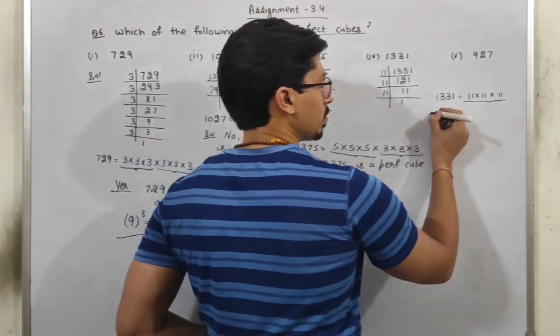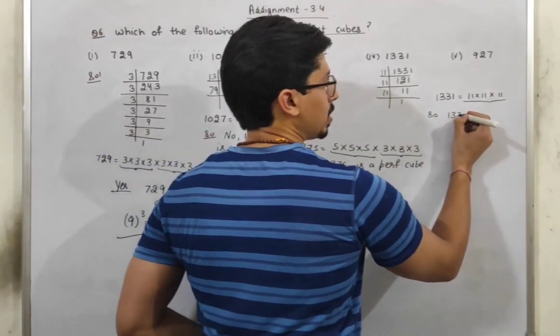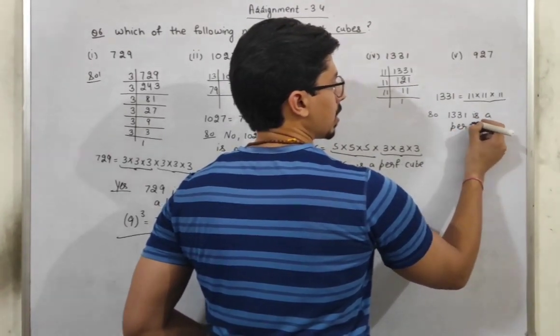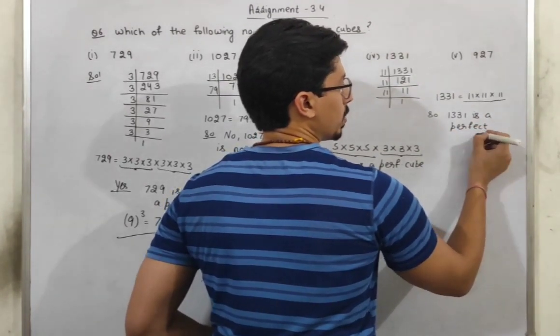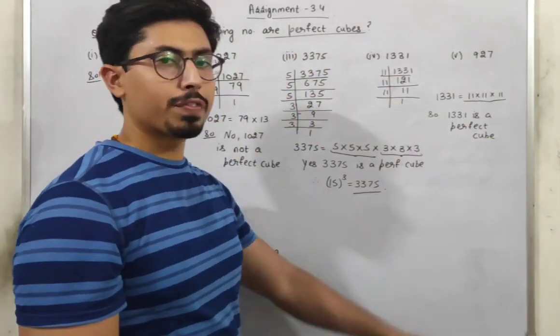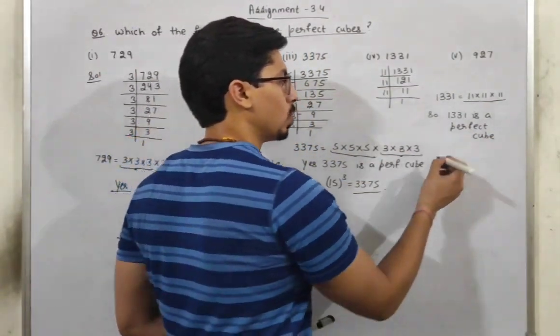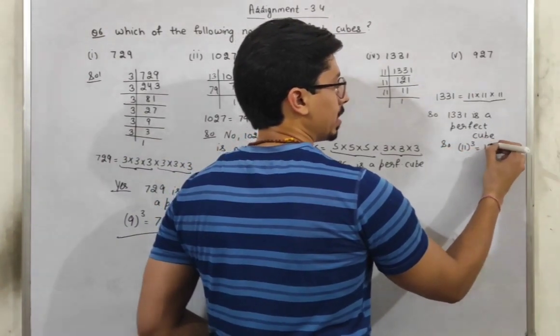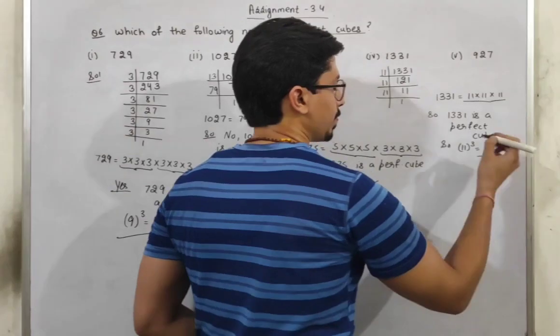So 1331 is a perfect cube. Okay, and it will be the cube of 11, since only one group of 11 is made here, so 11 cube will be 1331.